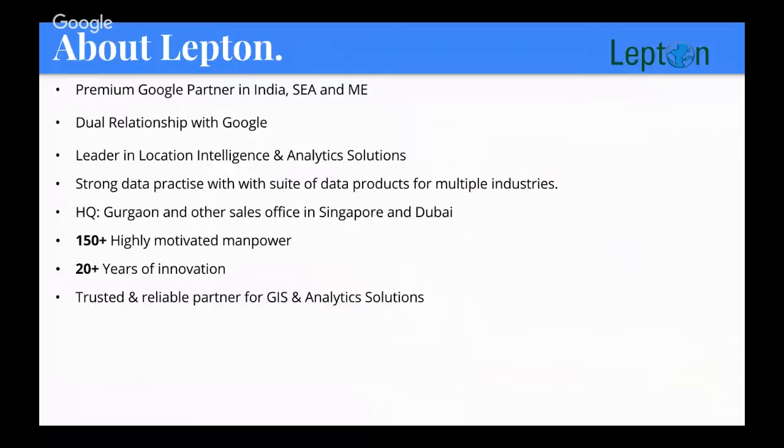These were a couple of use cases. I would just quickly brief about Lepton now. We are a premium Google Maps partner in India, Southeast Asia, and the Middle East. We are a Google Maps partner, and we work in the cloud domain as well. We have a dual relationship with Google. We sell Google Maps based solutions, and we sell Google Maps licenses standalone.